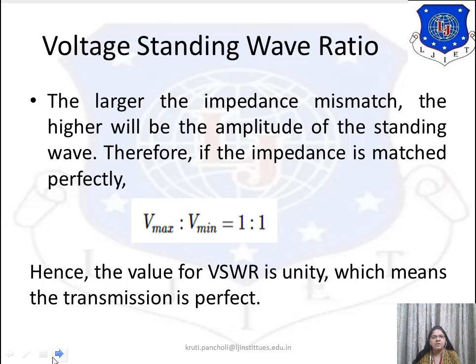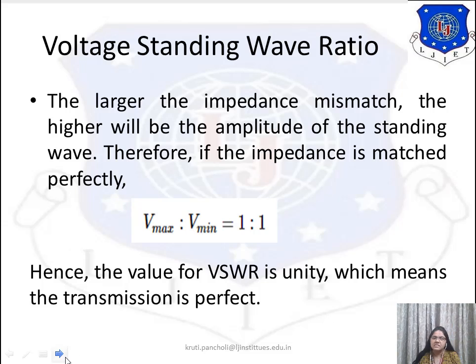So at that time the amplitude of the standing wave is higher, and if the impedance is matched perfectly, then V max to V min is equal to 1 to 1. Hence the value of the VSWR is unity, which means the transmission is perfect.